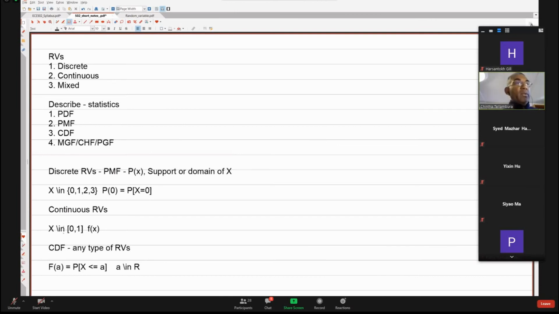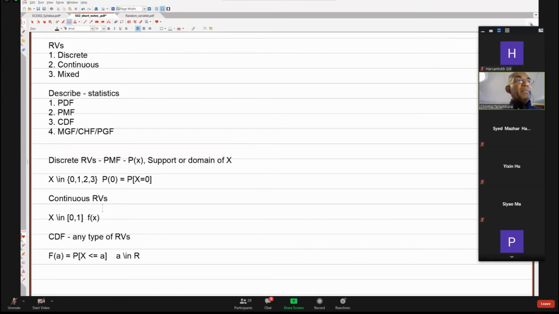So I have gone through the discrete case. Here you have to work with the probability mass function. Then the second case is continuous random variables.